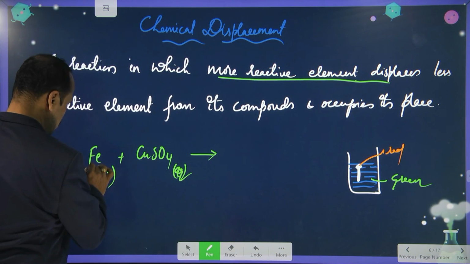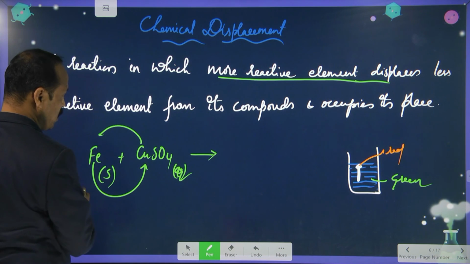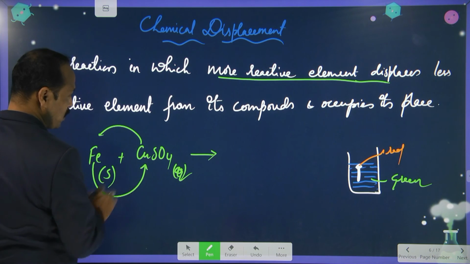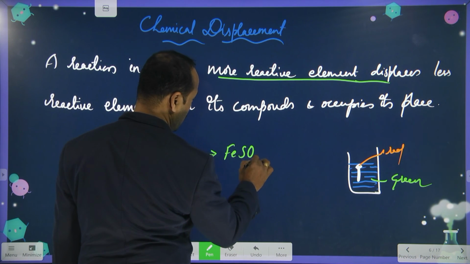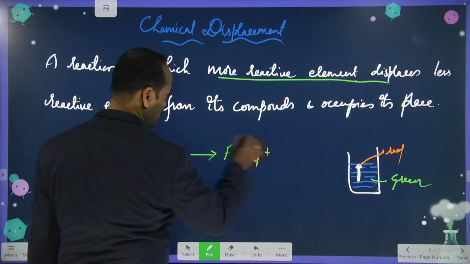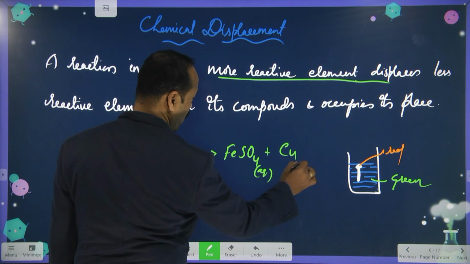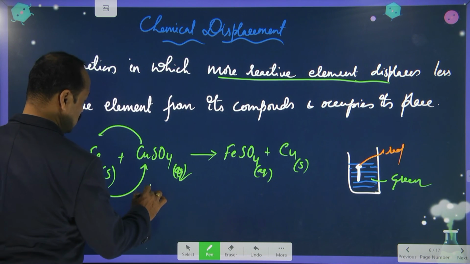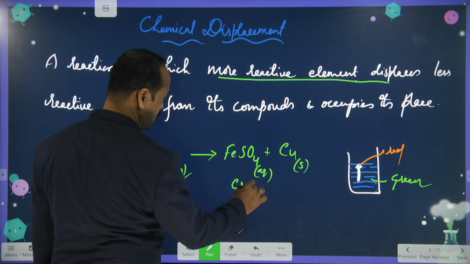So the iron displaces the copper, the less reactive element, and occupies the copper's place in the sulfate. This becomes FeSO4 and copper comes out. This is an aqueous solution, and this is a solid. This was blue in color, but it is turning green.